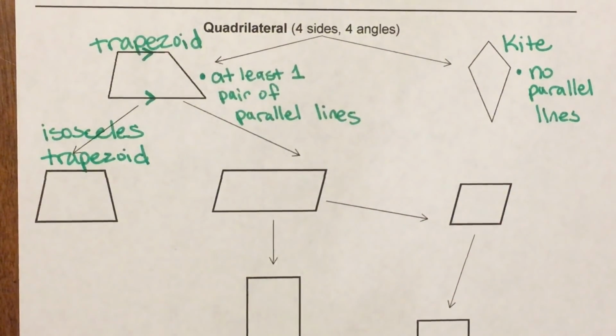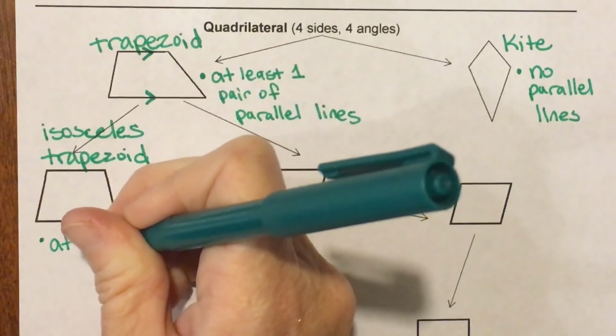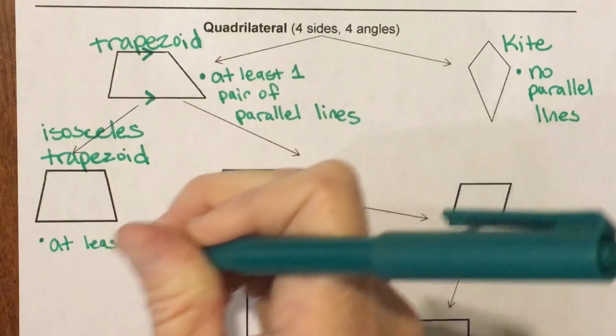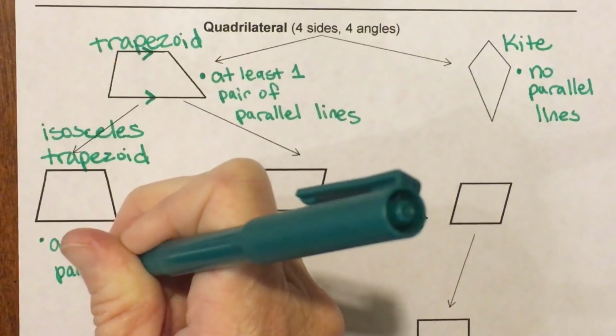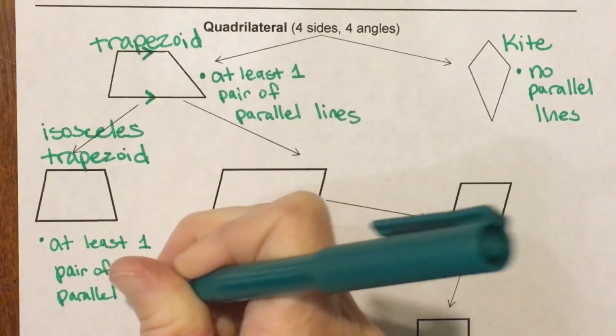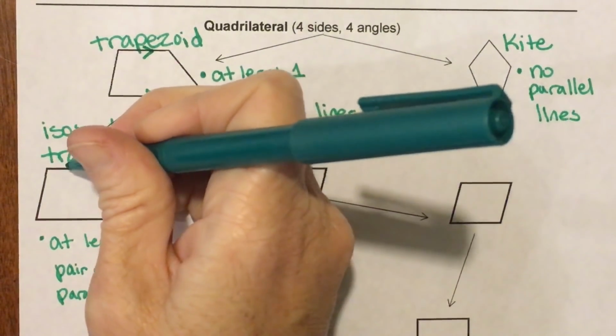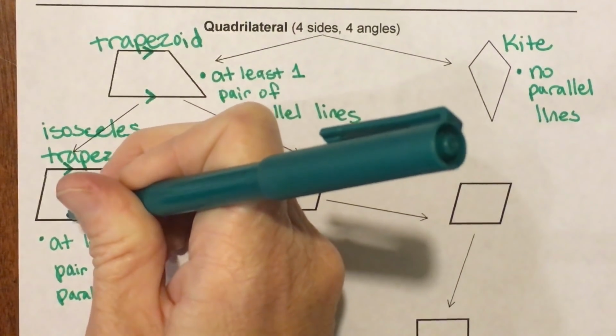Okay, so an isosceles trapezoid, its attributes are, it has to have at least one pair of parallel lines. These same top and bottom are parallel, so we can draw our little symbols.